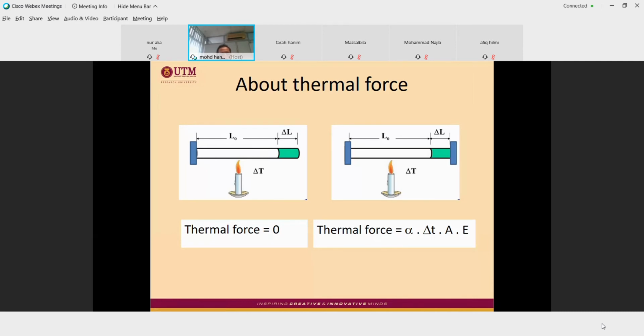Thermal force is zero. The thermal force will exist only if there is another rigid support, a constraint here. So when it is constrained, this deformation or this elongation is stopped by this rigid joint, and then it will be in compression.